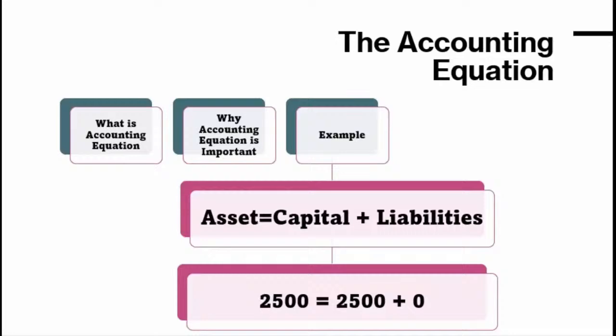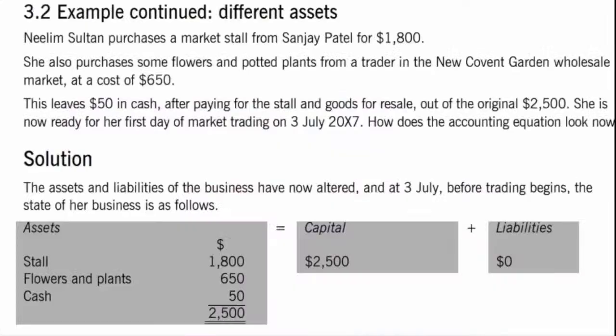Every transaction will change the amounts in assets, capital, or liabilities, but they will always remain balanced according to the accounting equation. Let's continue with Neelam's example to see how the accounting equation develops as she spends money on different assets and starts earning a profit.